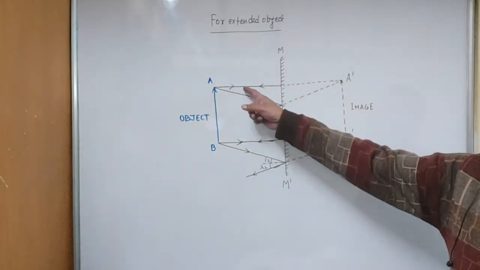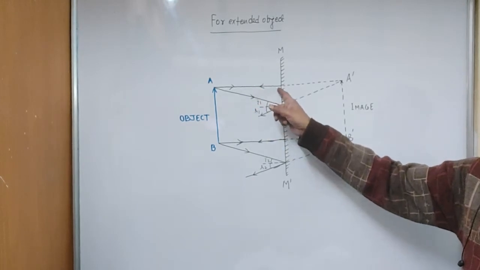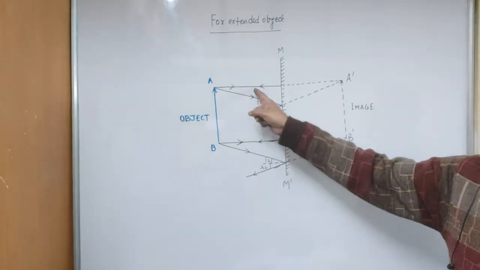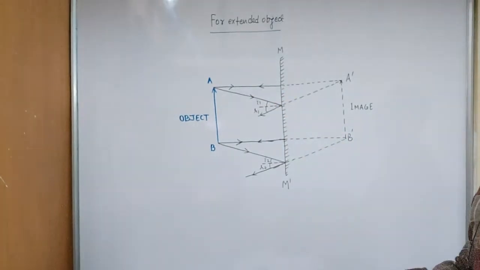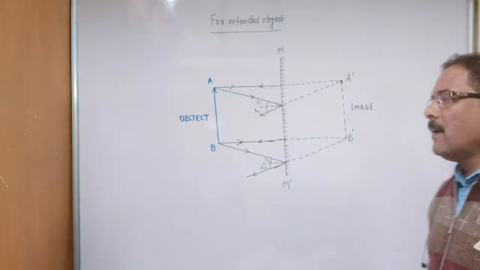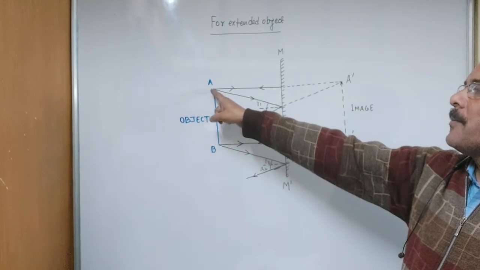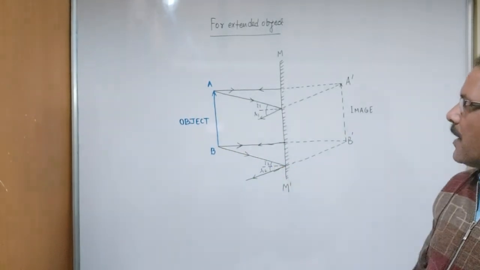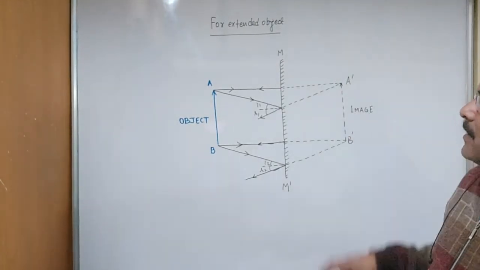In this line the rays move straight, and since the ray falls normally on the mirror, that's why it returns back along the same path. And here they follow the laws of reflection as they make some angle. So we have taken two light rays from the top end of the object, and from the bottom we have also taken two light rays, and they are virtually meeting somewhere here.